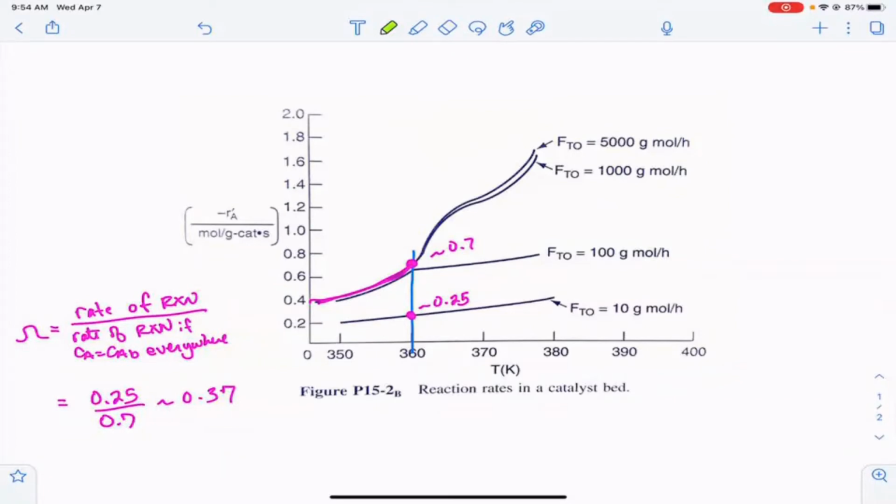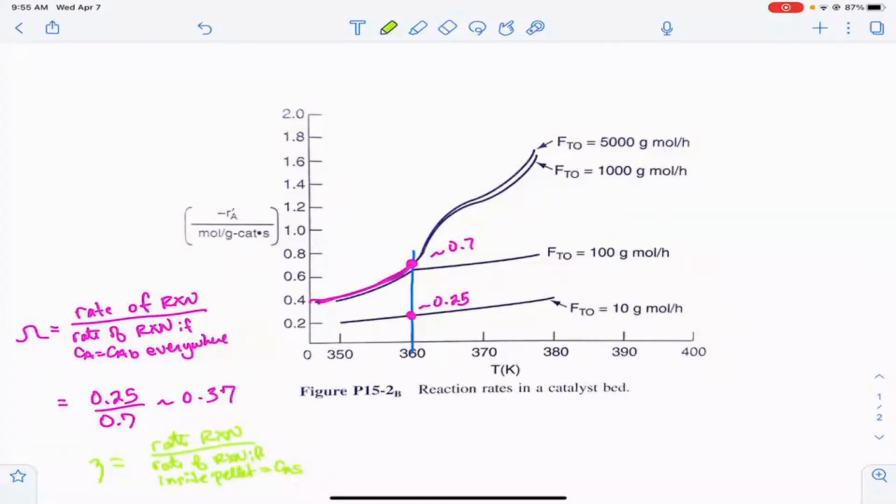Now, we also could look at the internal effectiveness factor, which we defined as our rate of reaction over our rate if the concentration of A in the pellet was equal to the bulk concentration, at the surface.